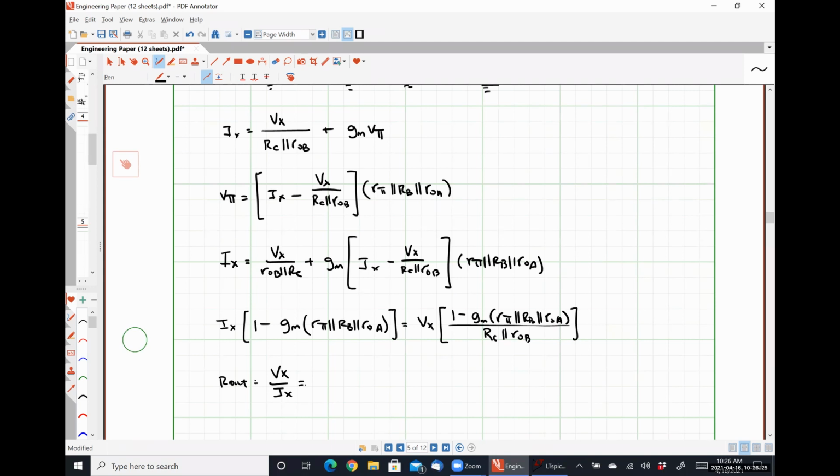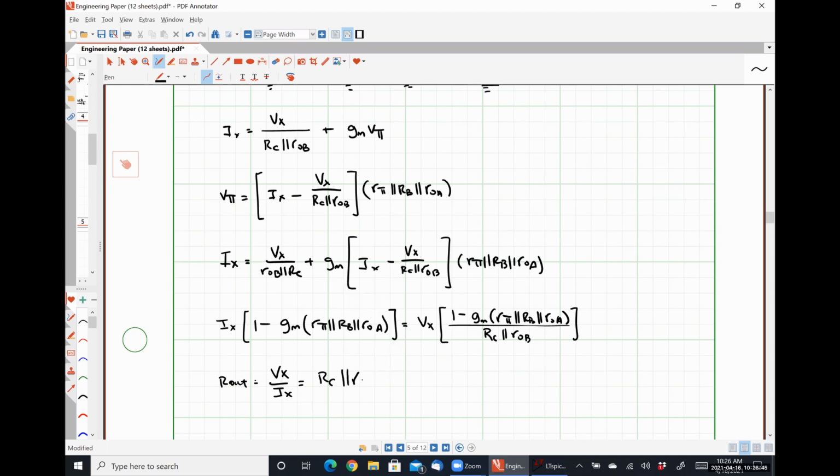So it's not going to be 1 over, right? Divide both sides by Ix, I have Vx over Ix here. If I divide both sides by this, it's like multiplying by the reciprocal. So I'm going to have RC in parallel with R naught B on top, and then the same thing.